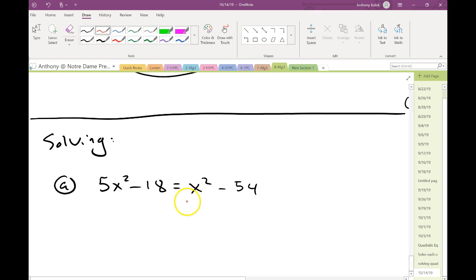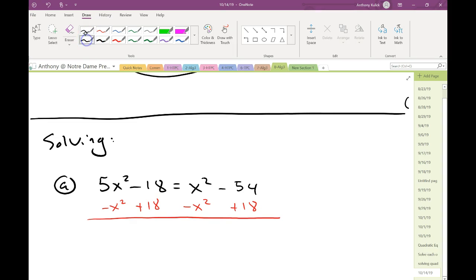Okay? So to do this, I'm just going to get the x's on one side and everything else on the other. Negative 36.